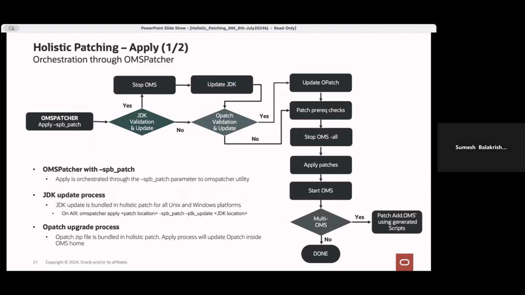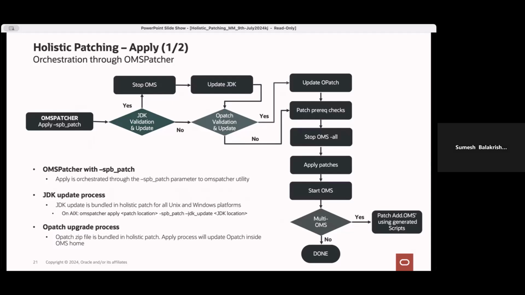So after the JDK update is done, we validate whether the OPatch requires an update or not. If the OPatch requires an update, then we will go and update the OPatch. And if the OPatch is already updated outside of this patching window, then we skip that and go to the patch prereqs.